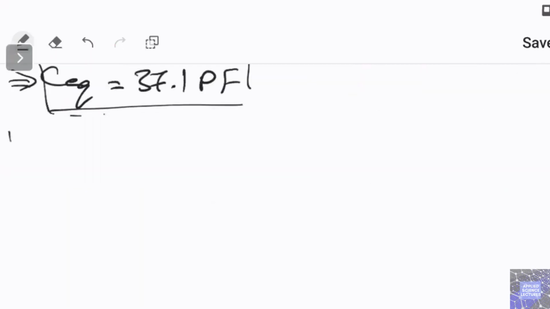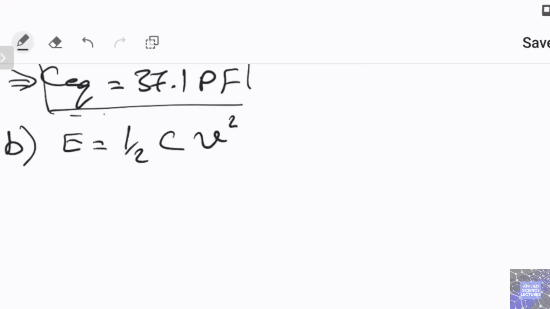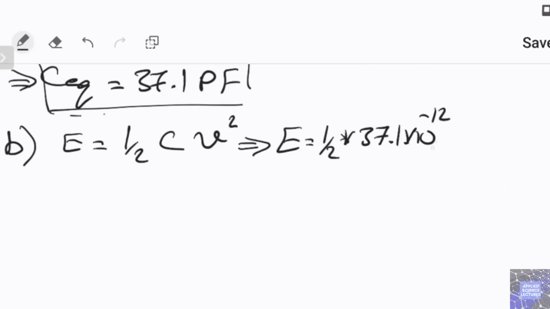Now for B we need to calculate the energy stored in this capacitor. We know that the energy for the capacitor equals half CV squared, which is E equals half times 37.1 10 to the power minus 12 times 18 squared.